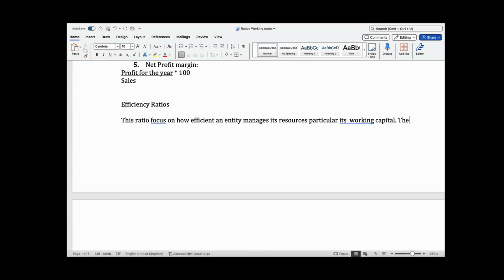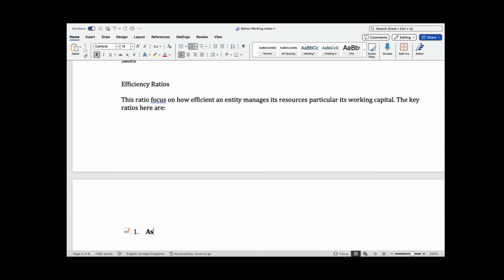And the key ratios here are, first, I will deal with asset turnover, which is more of an efficiency ratio.